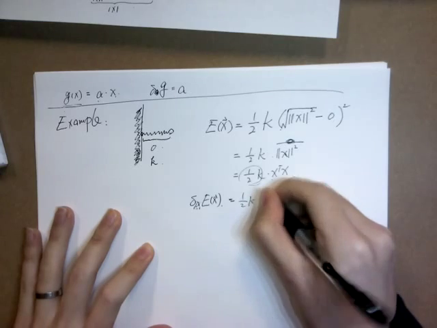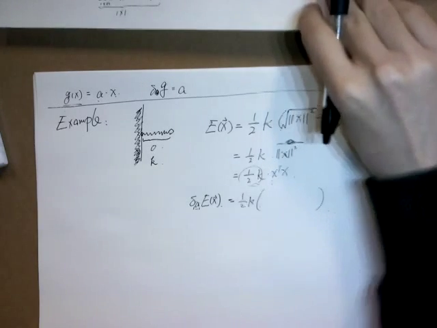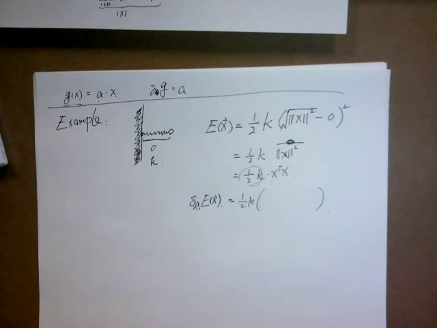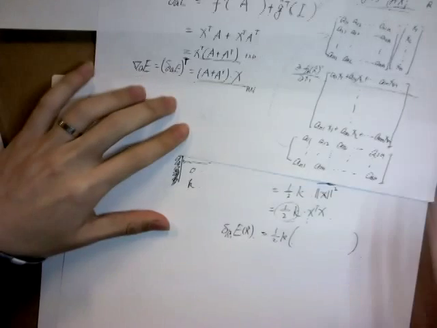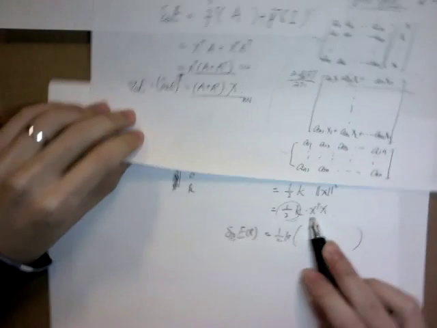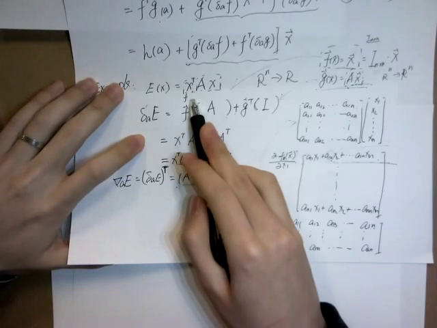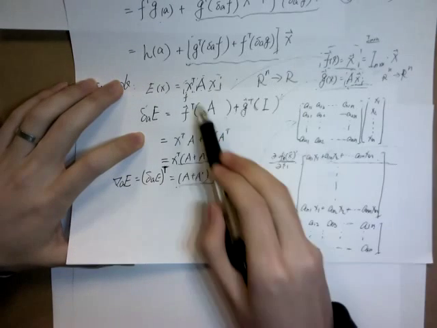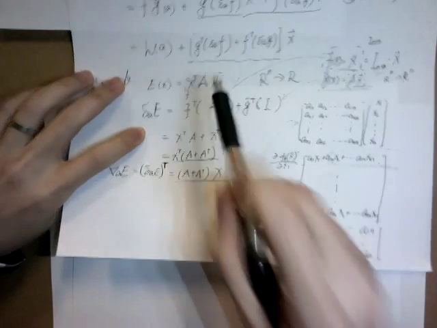So this is 1/2 multiplied by something, and something is what we just got, because we want the value of x transpose x, and we already know the gradient of an even more complicated one, x transpose multiplied by a matrix A multiplied by x.